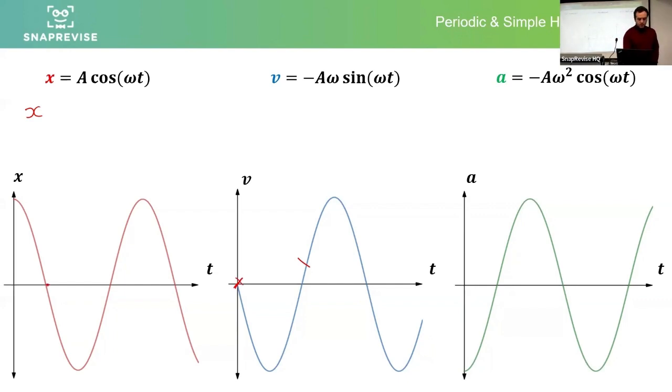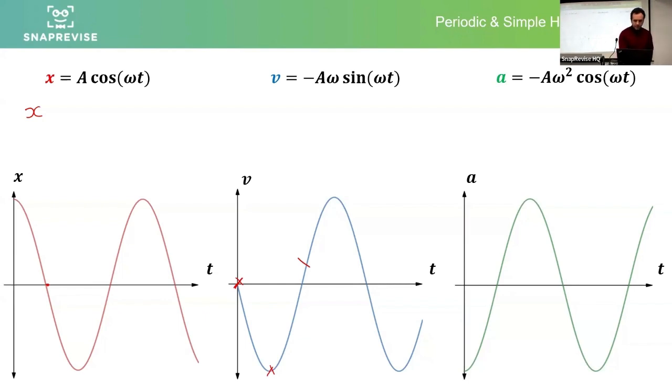At this point, the gradient of x is maximum. It's steepest and it's negative. Therefore, at this point on my graph of v must be at its lowest point, and so on and so forth. Just by looking at the gradient of this graph, you can plot this graph, and then repeat the same trick with v.